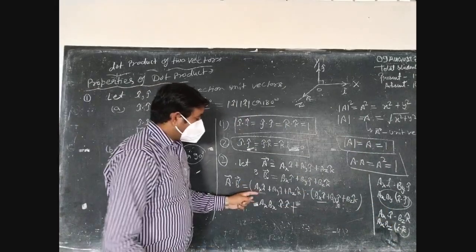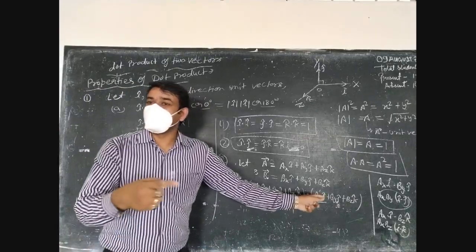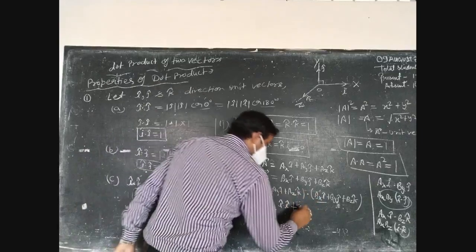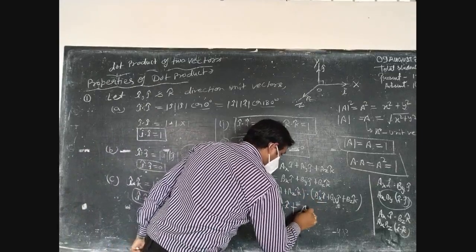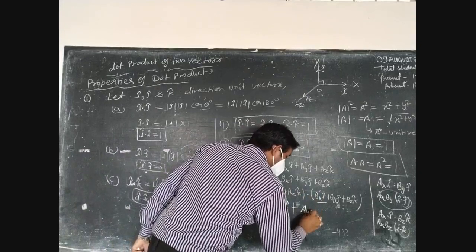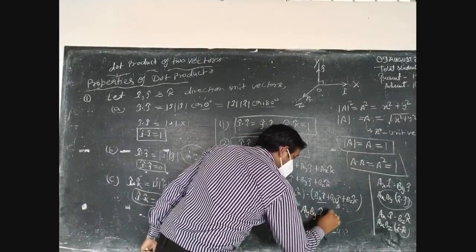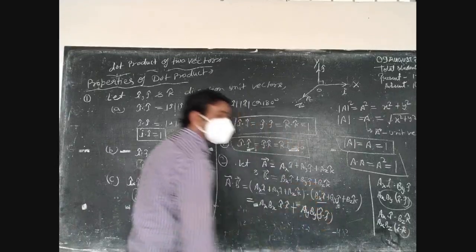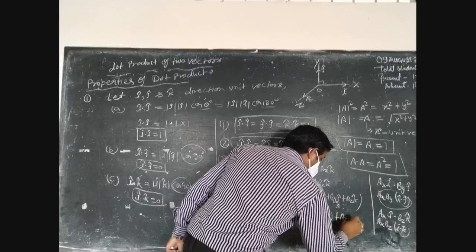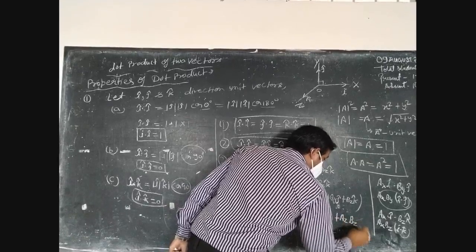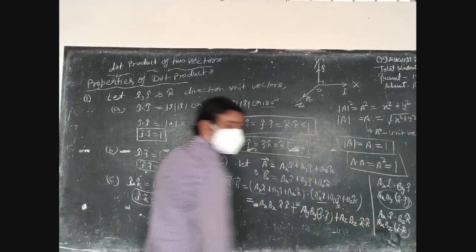Now when you multiply ay j with bx i, again you will get 0, and when ay multiplies with by, we get j cap dot j cap, and similarly when az multiplies bz, we get k cap dot k cap.